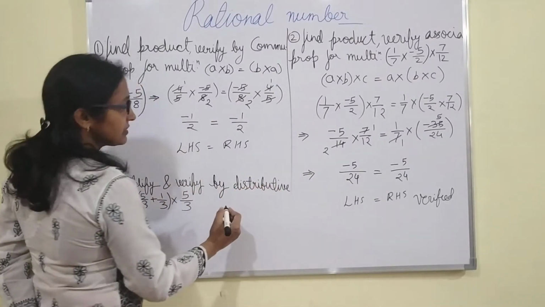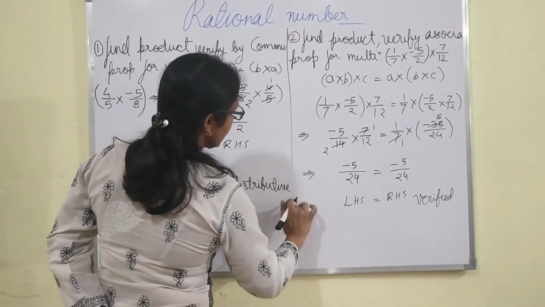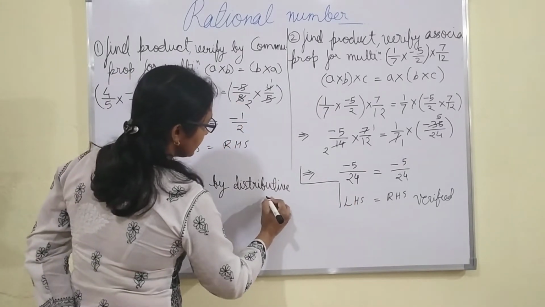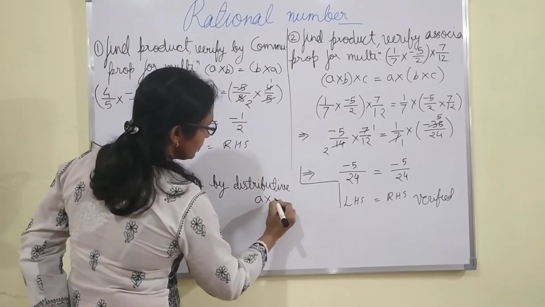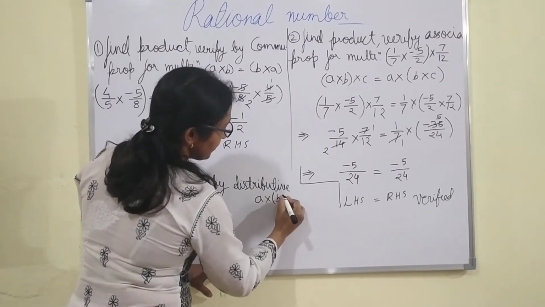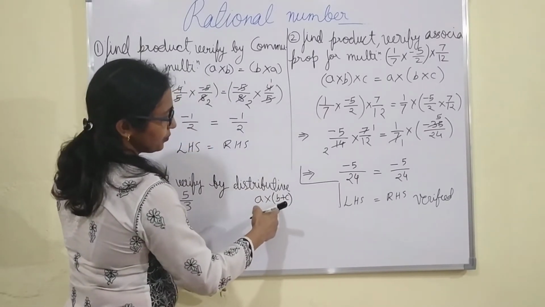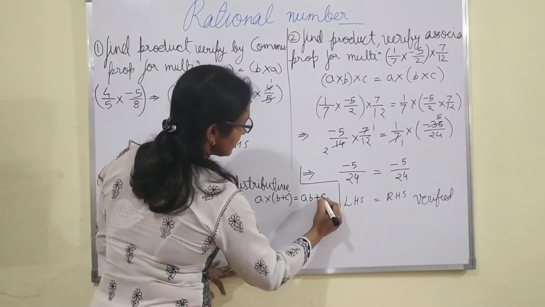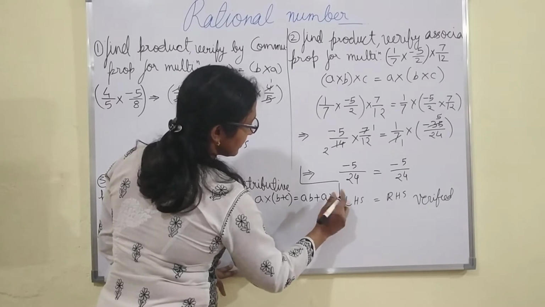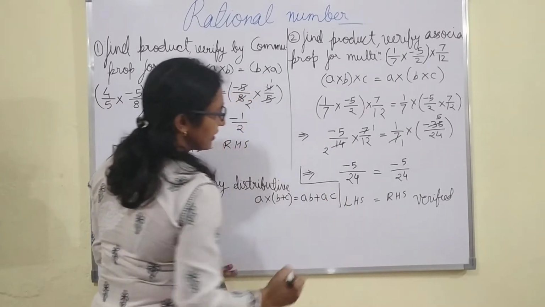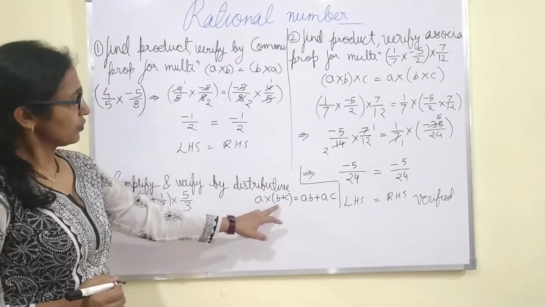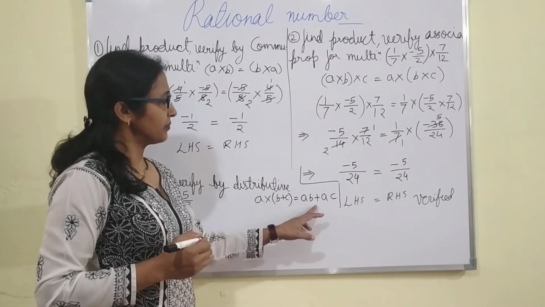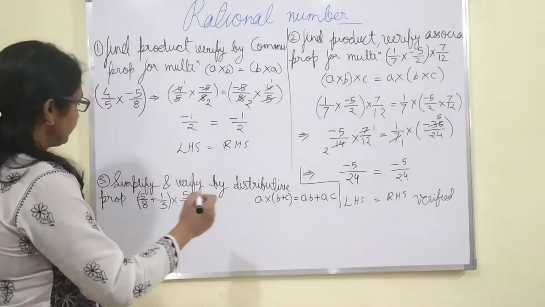So according to this distributive property, A into B plus C equals AB plus AC. We can write directly. So A into open bracket B plus C close bracket equals AB plus AC.